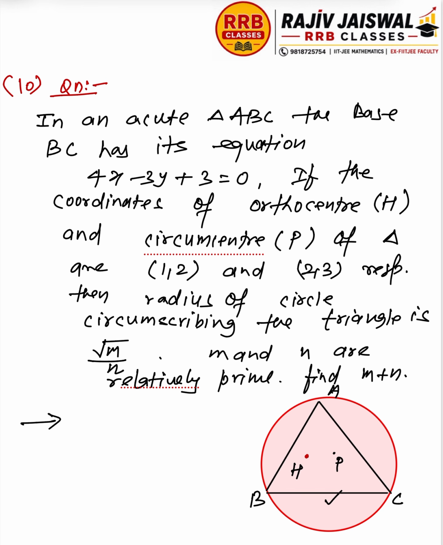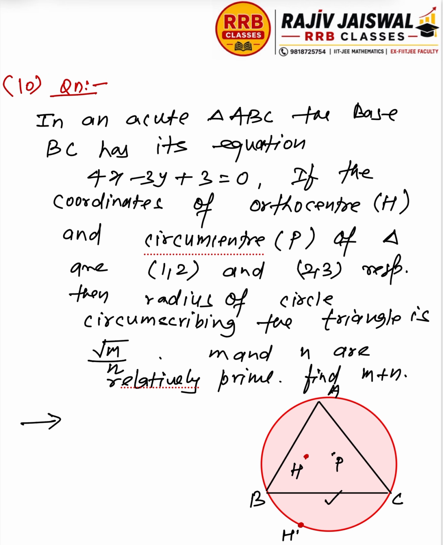If you take the image of H from BC, suppose the image is H dash, it will lie on the circumcircle. So we have to find the circumradius, or you can say the radius of the circle. If H is known, you can find the image of H from the side BC, since the equation of the side is known. So you will get H dash.